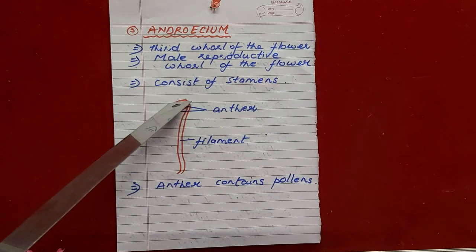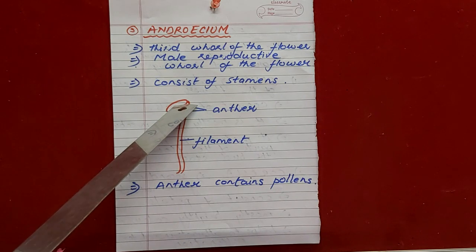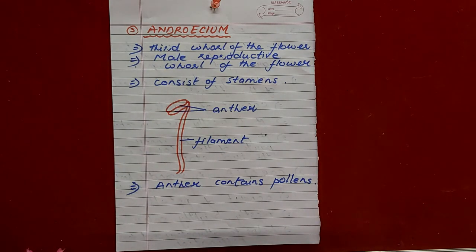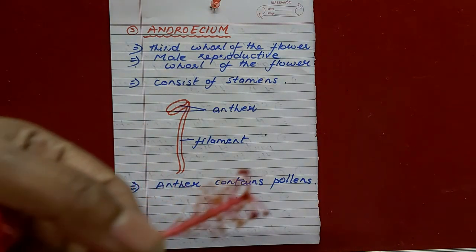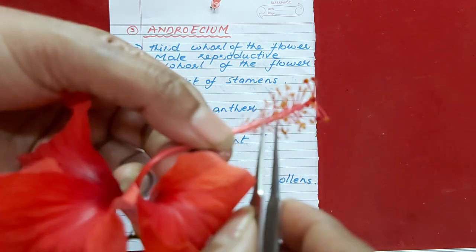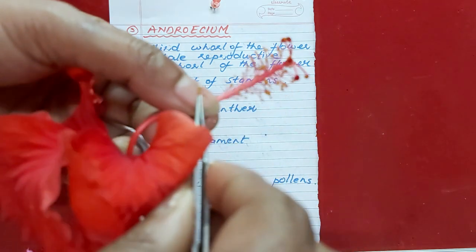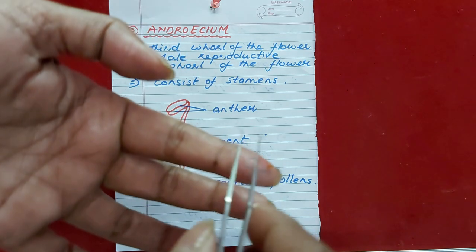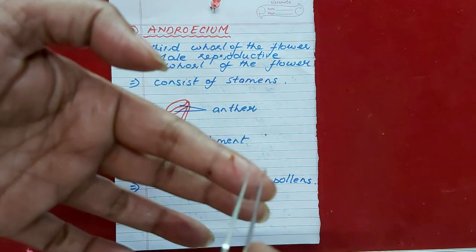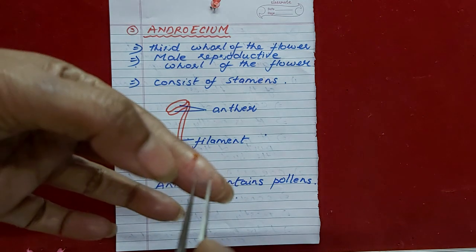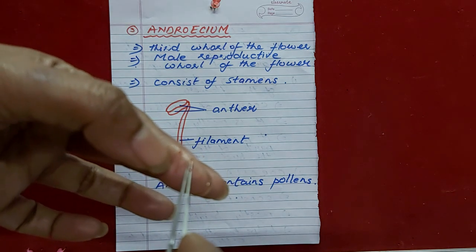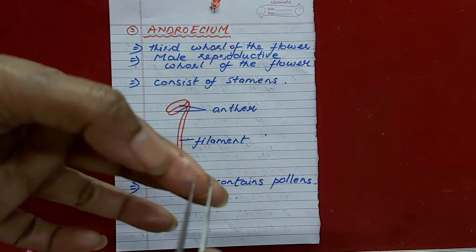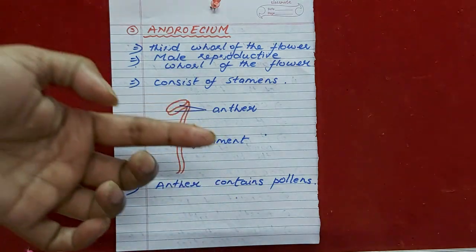Pollen grains are present inside the anther. I'm taking out one stamen for you. Can you see this one?